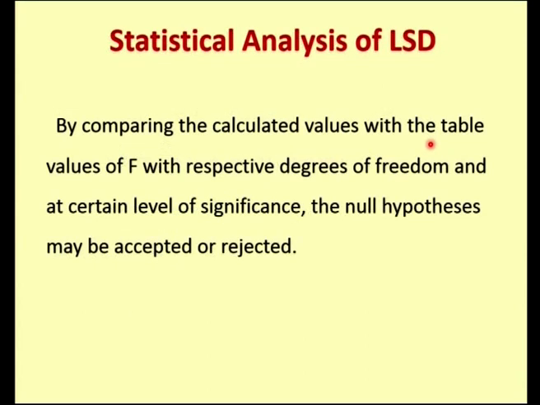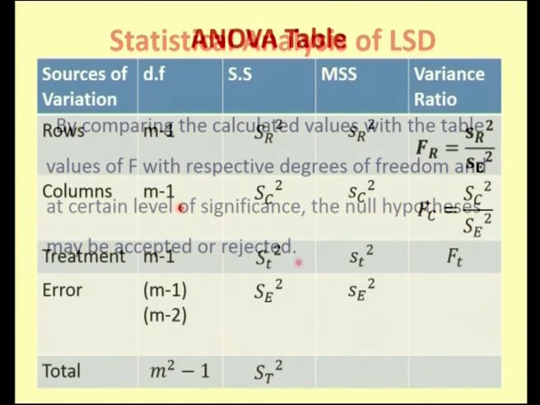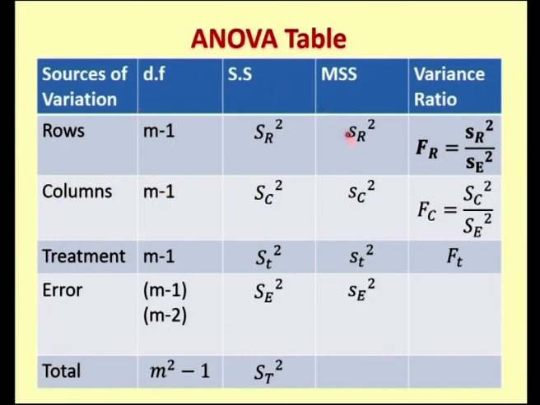By comparing the calculated values with the table values of F with respective degrees of freedom at a certain level of significance, which could be 5% or 1%, the null hypothesis may be accepted or rejected. The entire analysis is given in the form of a table called the ANOVA table, as in the case of RBD. It consists of 5 columns: sources of variation, degrees of freedom, sum of squares, mean sum of squares and variance ratio.